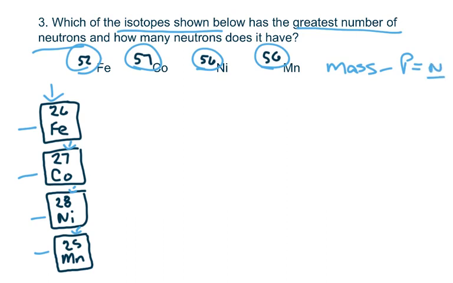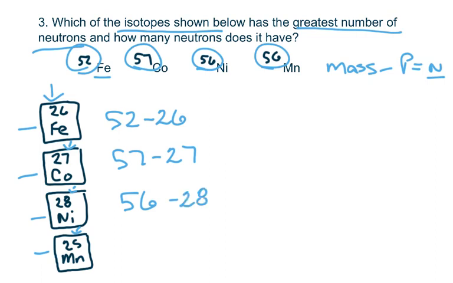That's what we're looking for. So for iron, it's 52 minus 26. For cobalt, it's 57 minus 27. For nickel, it's 56 minus 28. And for manganese, it's 56. They can have the same mass, isn't that weird? They can, but it only has 25 protons, okay?